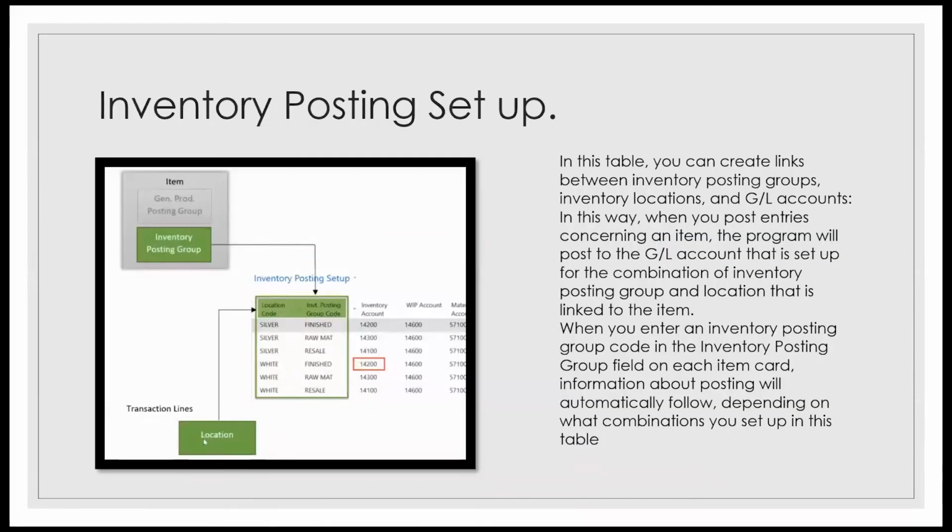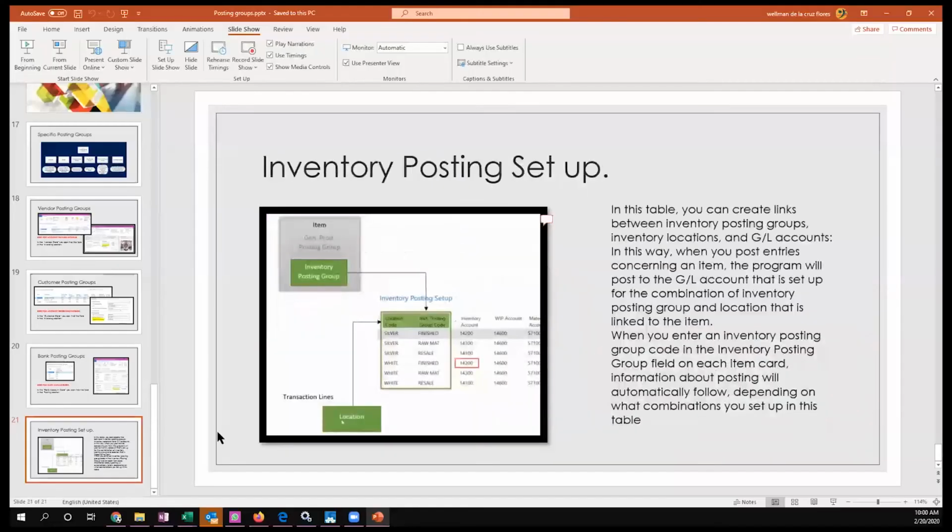Next is the inventory posting setup. This is a specific one, but it depends on the operation of your company. Of course, we have different types of items, like we reviewed before: services, finished items, raw material, resale, and then location. A location is a warehouse, basically where you store your items, and these are some of the last explanations for posting groups, just for you to get the idea.